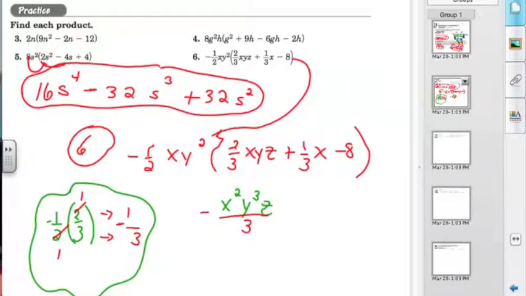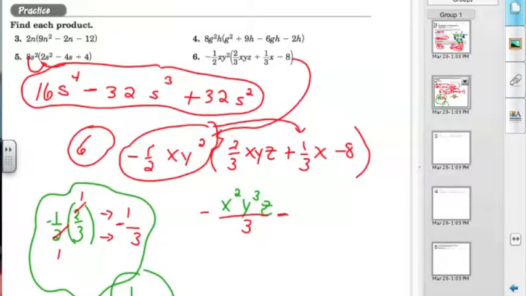All right, so now we're going to take the -1/2 xy squared on the outside and we're going to multiply it to the second piece. So I have a negative times a positive. Well, that gives me subtraction again. All right, so I have 1/2 multiplied by 1/3. So I have another little thinking brain down here.